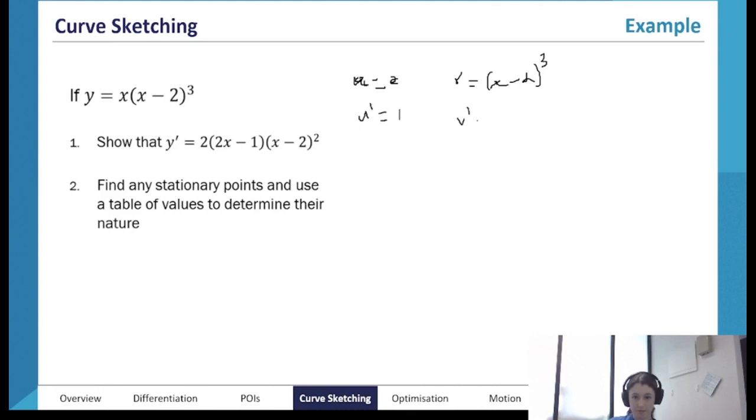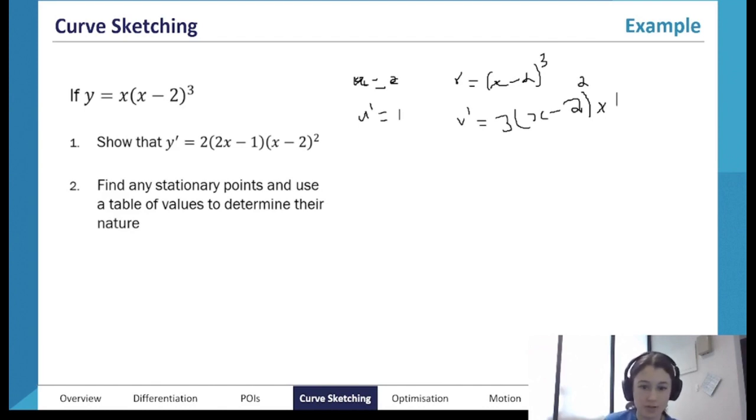Our v dash, remember, we're going to use our chain rule here, so we're going to take this 3 out the front, leave what's in the brackets, take this old power by 1, reducing this old power, giving us 2. Now we're going to multiply by the derivative, the thing we just ignored. The derivative of x take 2, the thing we just ignored, is just going to be 1.